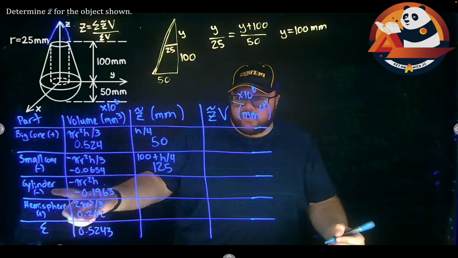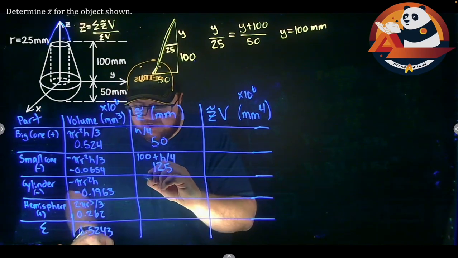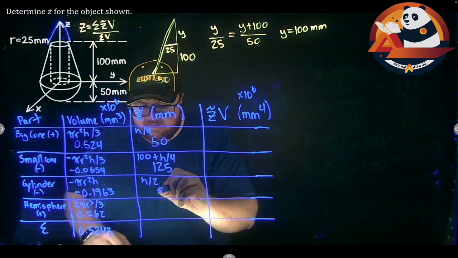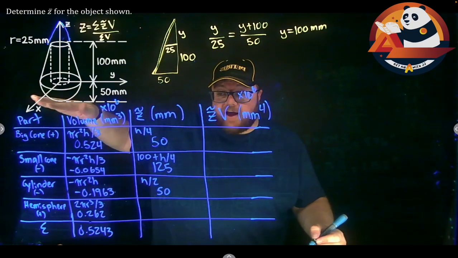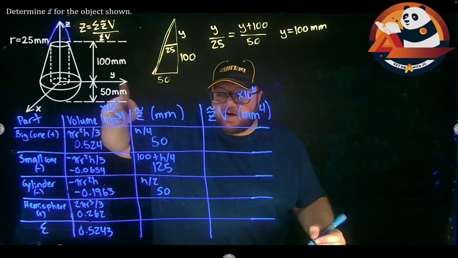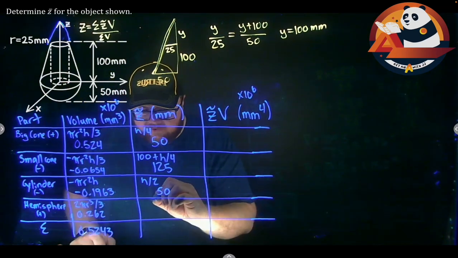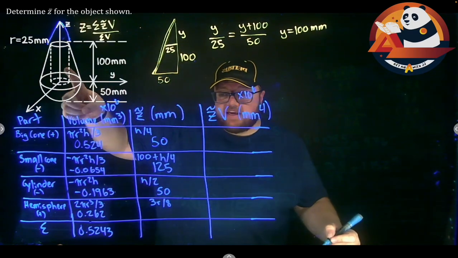For the cylinder, we just need to get to the middle of it, so just height over 2. H over 2, 100 over 2, 50. And the hemisphere. From the flat side of our hemisphere, so from the xy plane, we would measure 3r over 8. But there's one tricky thing in here.